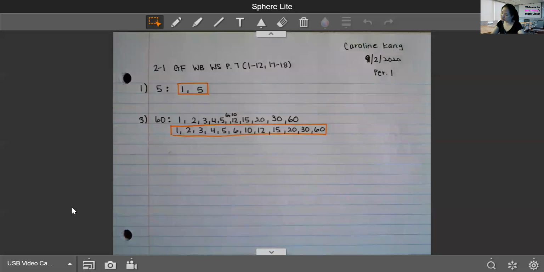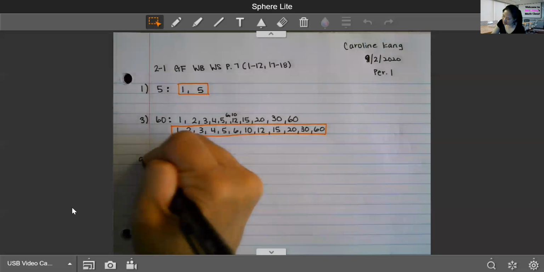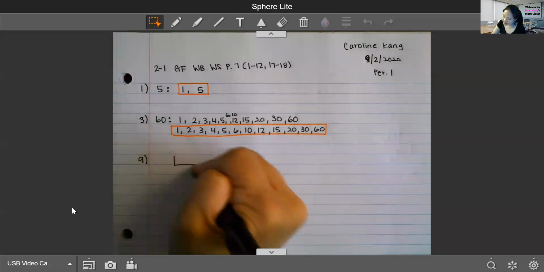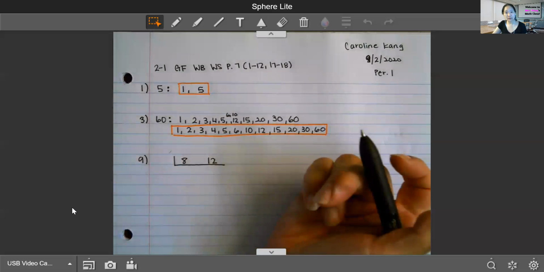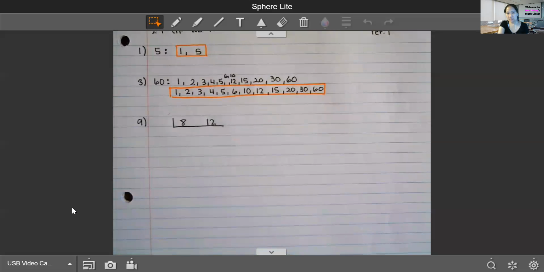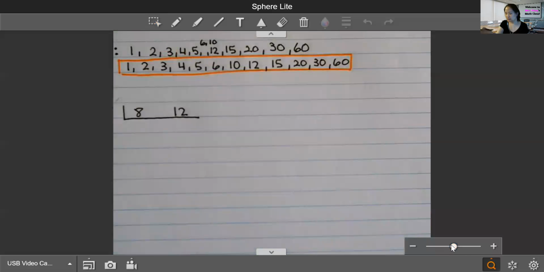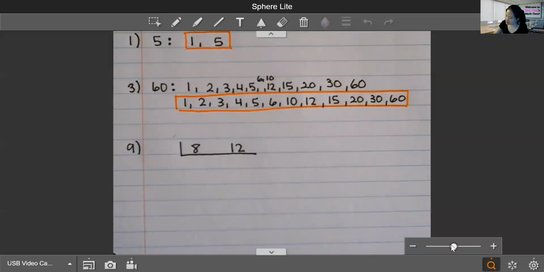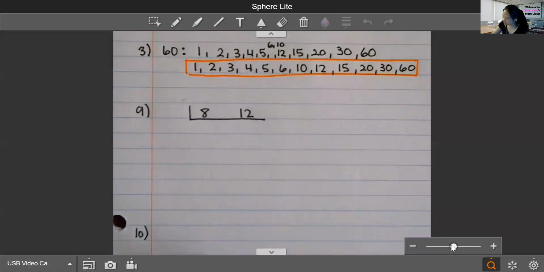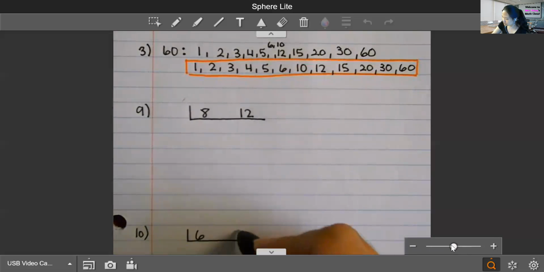So I'm gonna write number 9, draw the ladder and write 8 and 12. I'm going to skip some space. Let me see if I can enlarge this just a little bit. Then I'm also going to write down the problem for number 10 right here, just so that I know that I will need to do those 2 problems.